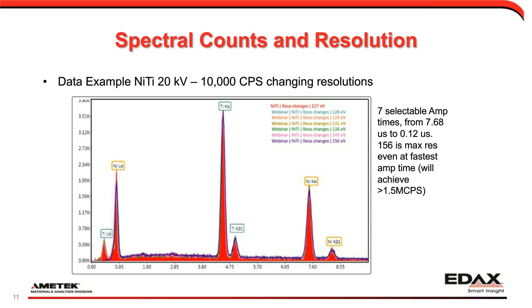And as we look down the column, everything from the 127 eV, which is the slowest amp time and the best resolution for this detector, and as we speed all the way up to the fastest amp time, which is the 156 eV and the 120 nanoseconds, we see that we get target values of atomic percent all very close to the target value of that 53% nickel. And if we look on the graphs, we see that there's low distribution around the mean.